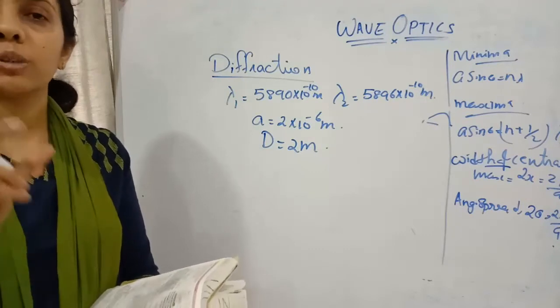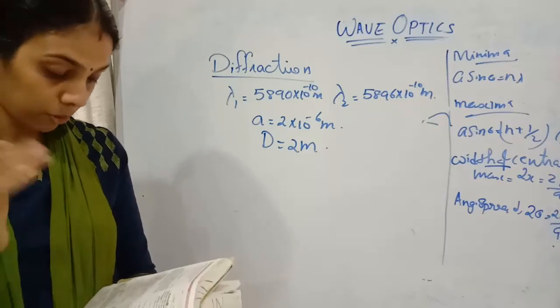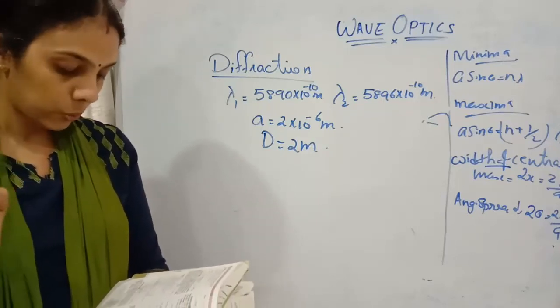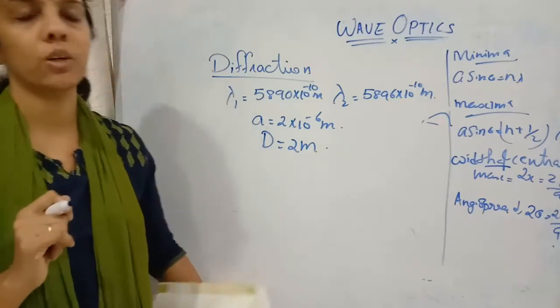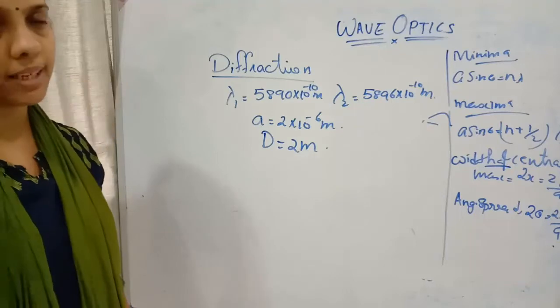We should find the spacing between the first maxima positions of the two sodium lines. How can we find the first secondary maxima? The central fringe will be maximum.